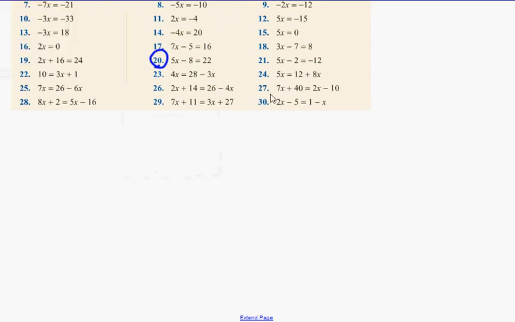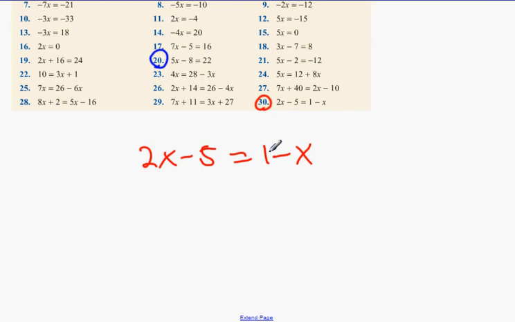Question 30. 30 is 2x minus 5 equals 1 minus x. Your goal is to have anything that has an x on one side and anything that doesn't have an x over the other side. X's go left, numbers go right. Do it that way. There's other ways of doing it, but do it that way every time for me, please.